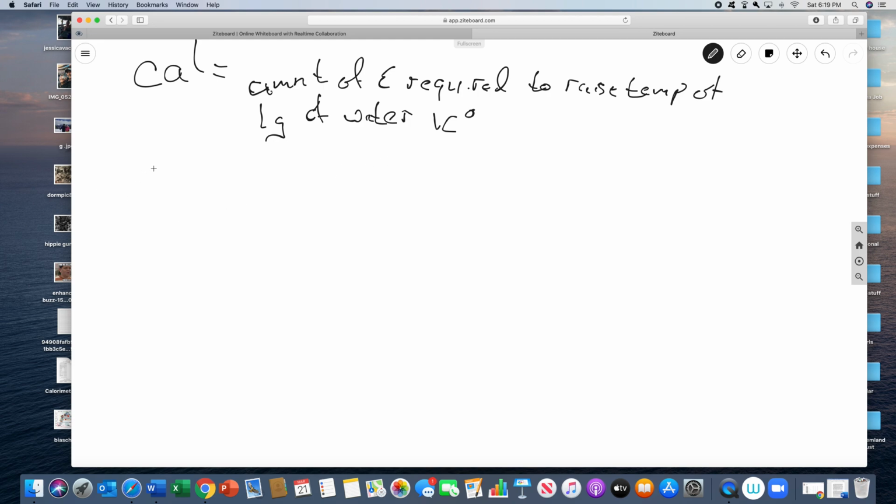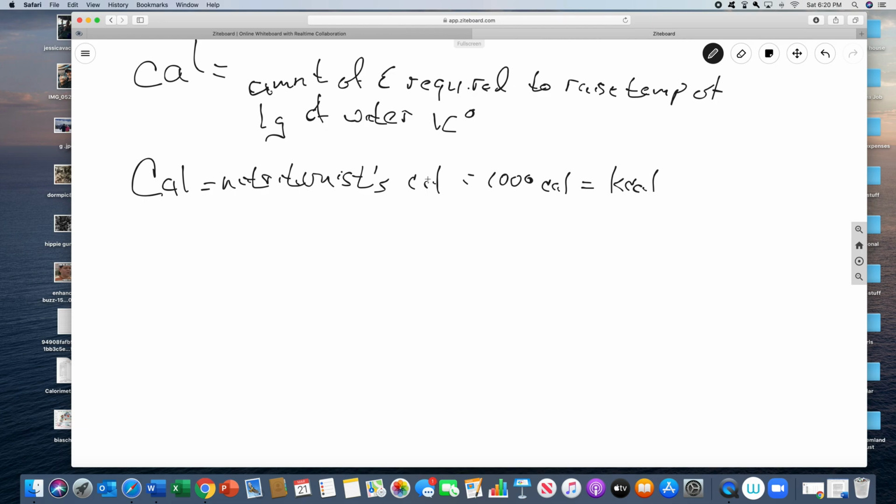All right, a nutritionist calorie, a capital C-A-L, is a nutritionist calorie, and it's 1,000 little calories, or a kilocalorie.